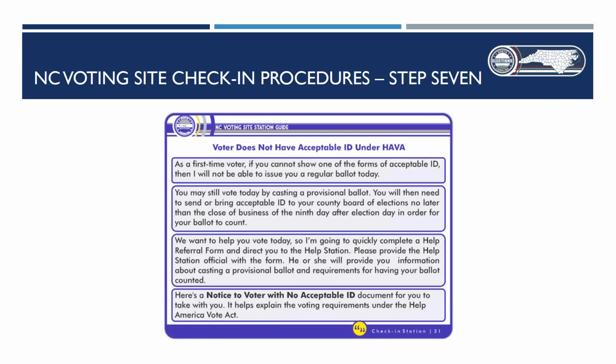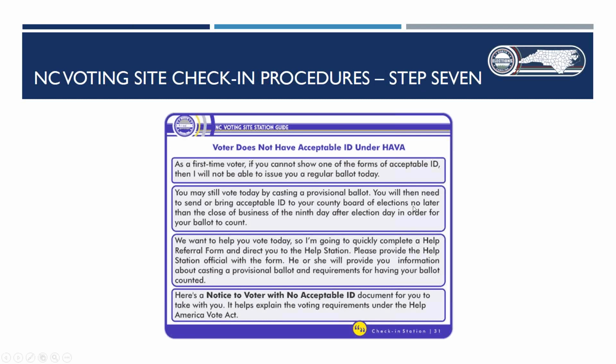And the person at the help station is going to give them the information that they need about how to make sure that that ballot is counted, which is going to be to provide the ID to the County Board of Elections by a time certain. I think it's the day before canvass, or is the day of canvass.